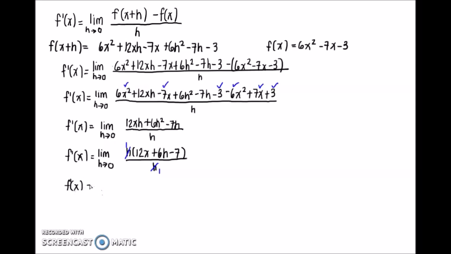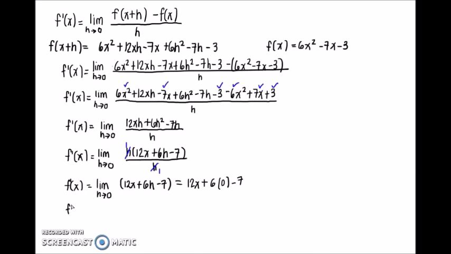So we will just have the derivative of f of x is equal to the limit of 12x plus 6h minus 7 as h approaches 0. And then, all we have to do is evaluate this limit. So this will give us 12x plus 6 times 0 minus 7.